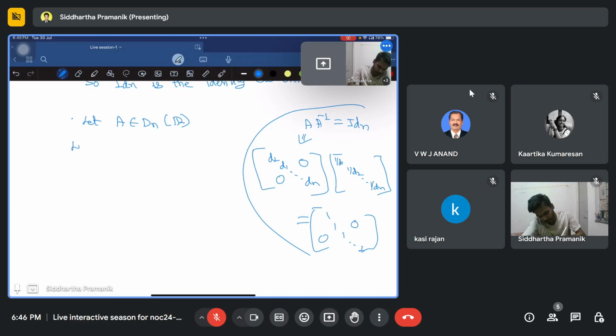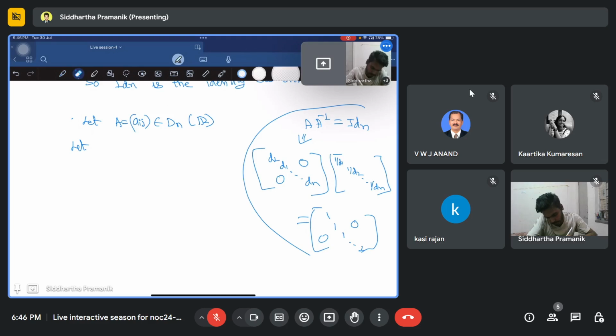Okay, so let me write the matrix A precisely. Let A equal (a_ij) belong to Dn. Then the diagonal entries are all non-zero for all i equals 1 up to n.